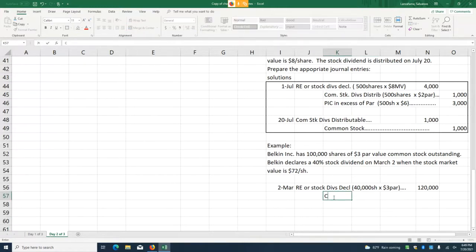And because we use par, we're going to take the same 40,000 shares and multiply it by the $3 par.